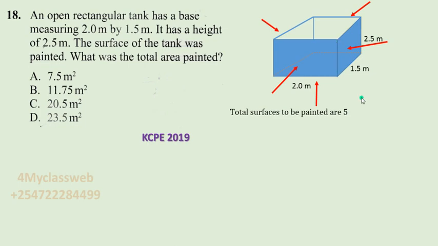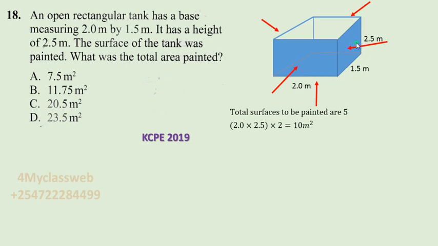And because the formula for working out the area of a rectangular shape is length times width, that is why we have to multiply 2.0 meters by 2.5 meters, and it has to be multiplied by 2 because it should be twice because of the other opposite end there. So once you multiply 2.0 by 2.5 and then you multiply by 2, this surface and the other surface there will give you 10 meters squared.